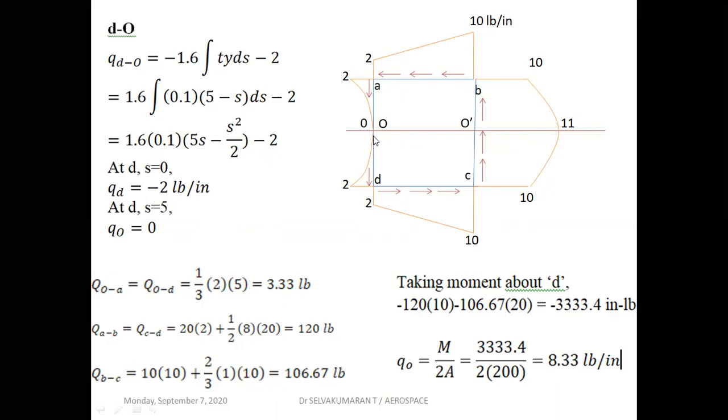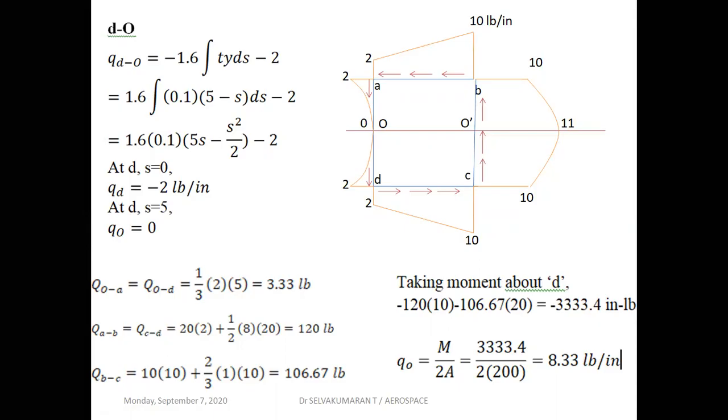Now we have made a cut, and we have determined the shear flow values for the open section. Now we have to determine the unbalanced moment caused by this cut. How to find this unbalanced moment?